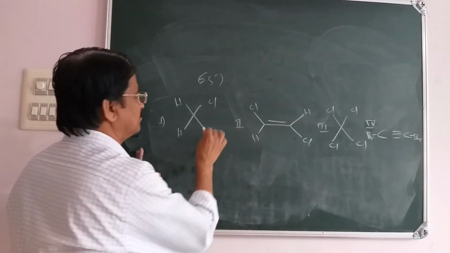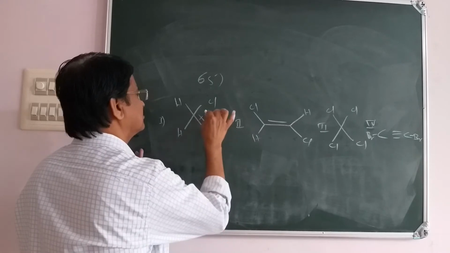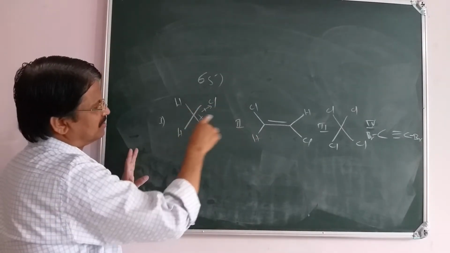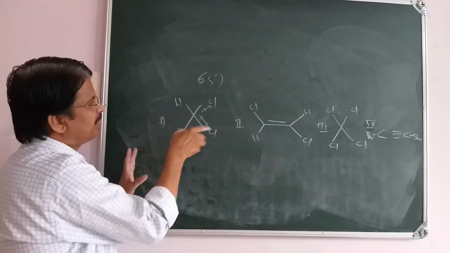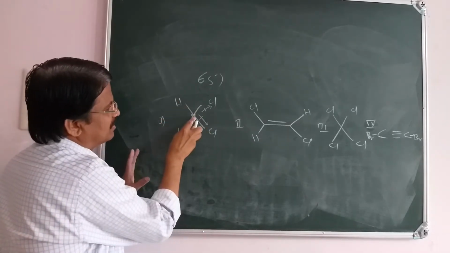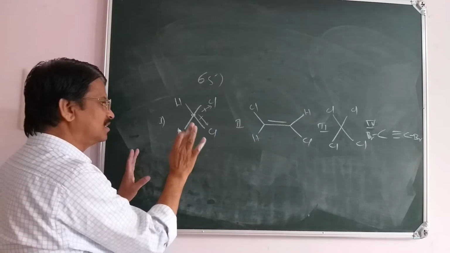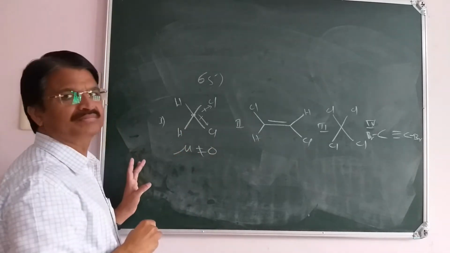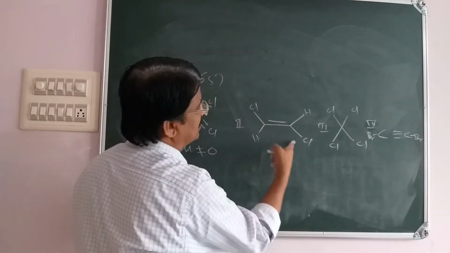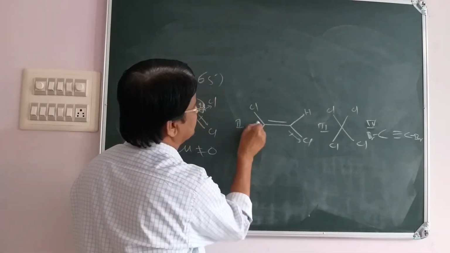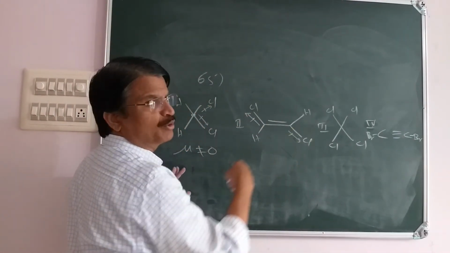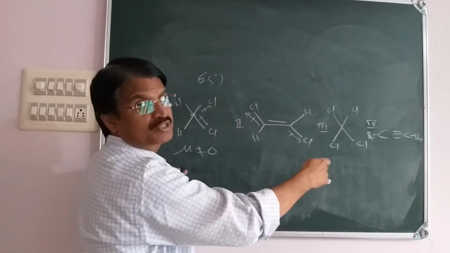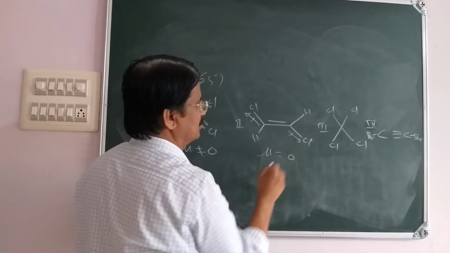In the first option, dipole moment is towards Cl, and carbon is less electronegative than Cl. Therefore, it has a resultant dipole moment. Mu value not equal to 0. But in the other, Cl is opposite. Therefore, dipole moments cancel. This also is opposite. Therefore, for the trans isomer, mu value is found to be 0.